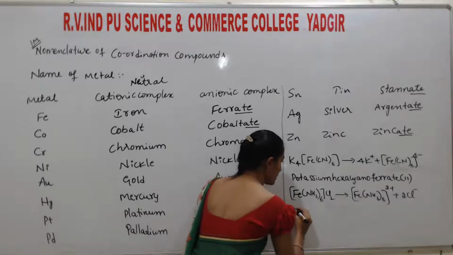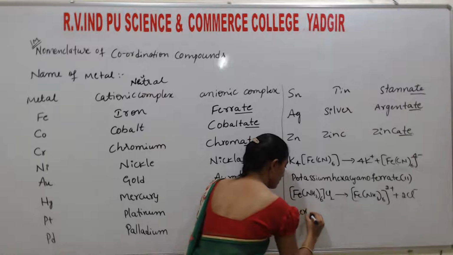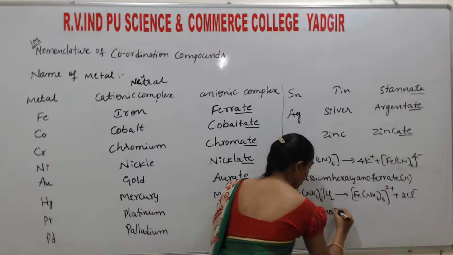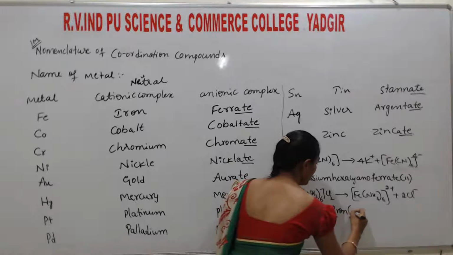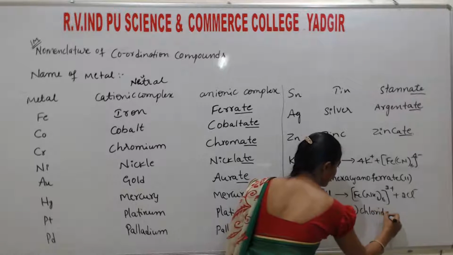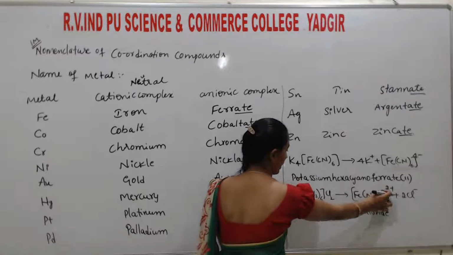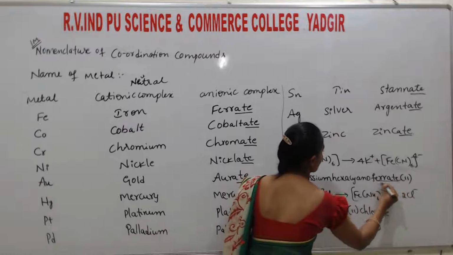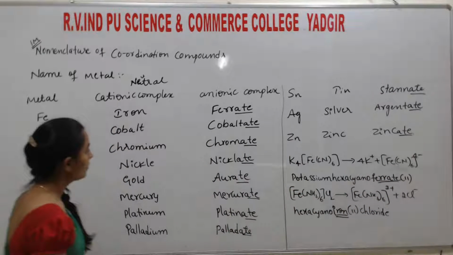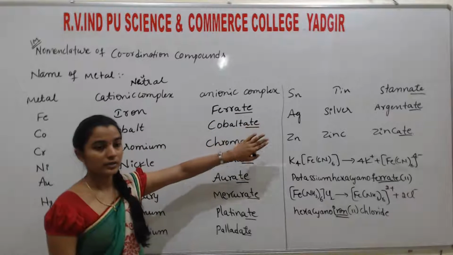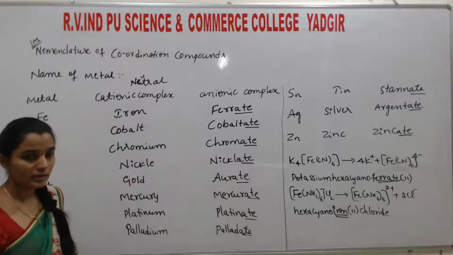Okay, then it is hexaammineiron(II) chloride. So here it is a cationic complex, so it gets the name iron. Here it is an anionic complex, so it gets the name ferrate. So this is cationic iron, anionic ferrate. This is the way to write the nomenclature.